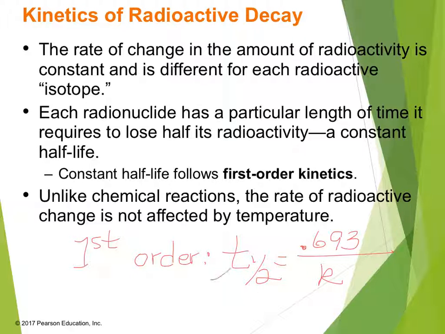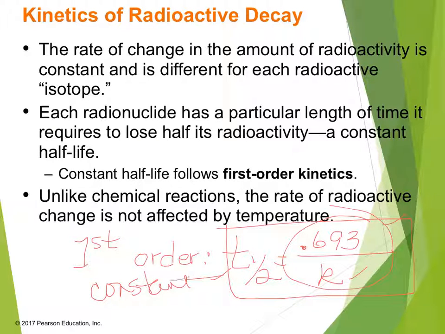The half-life of a first-order process is equal to 0.693 over k, the rate constant. So the half-life for any particular radioactive substance is a constant in itself. It doesn't depend on the initial concentration, right?